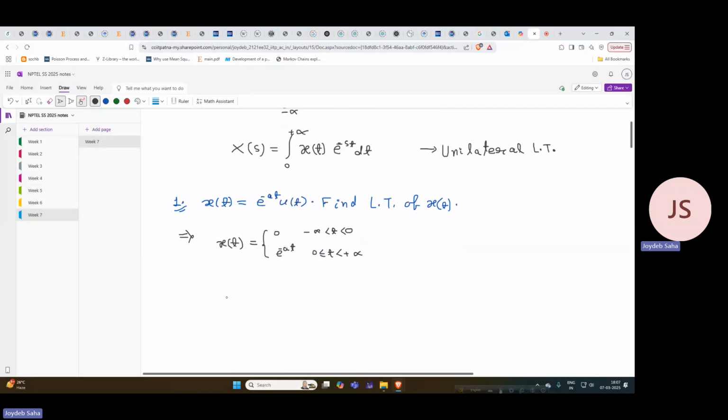If this is clear, then now we will find the Laplace transform of x(t).